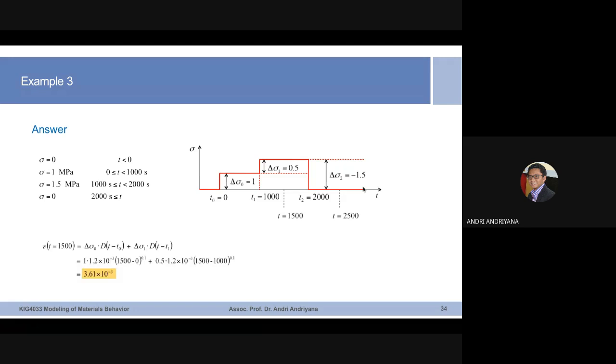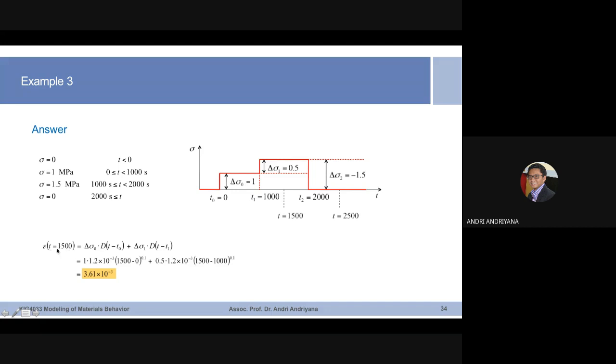First, let's have a look at 1500 seconds. It involves two increments, as I mentioned. So it is delta sigma 0 times D(t minus t0) plus delta sigma 1 times D(t minus t1). We simply put delta sigma 0 is 1, the creep compliance we have before, and replace the value of t by 1500, minus t0, which is 0.